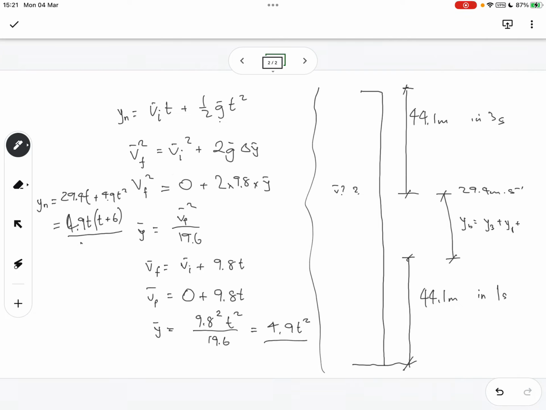So if we just have this here, let's have 4.9 t into t plus 6, plus 88.2.